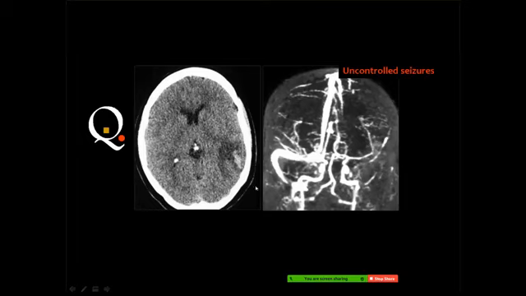It is also hemorrhagic, and the MR venography shows that the transverse sinus on the left side, as well as the sigmoid and the internal jugular vein, are almost thrombosed with no signal inside. This signal corresponds to the internal carotid artery, and this is the middle cerebral and the anterior cerebral. There is some overlap of the venous on the arterial sides.